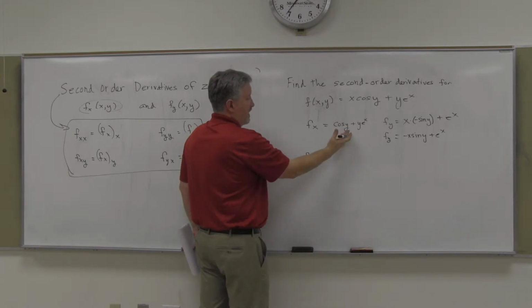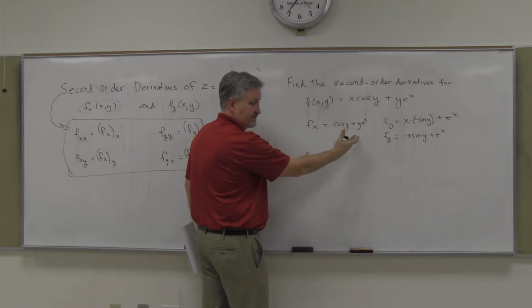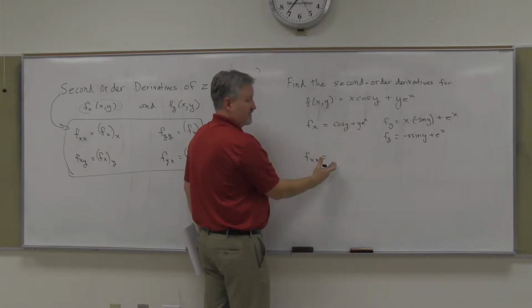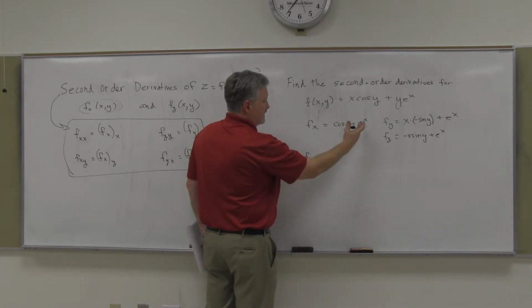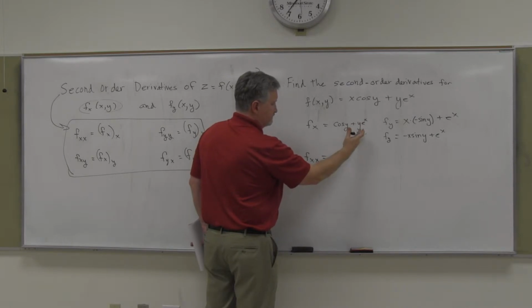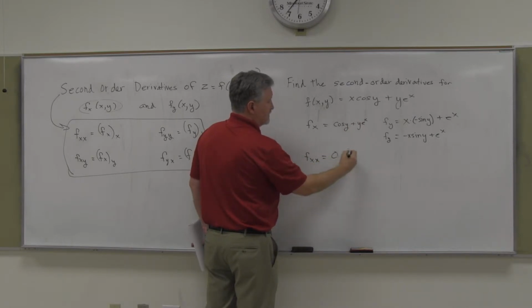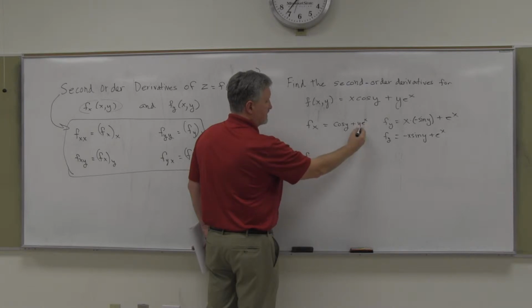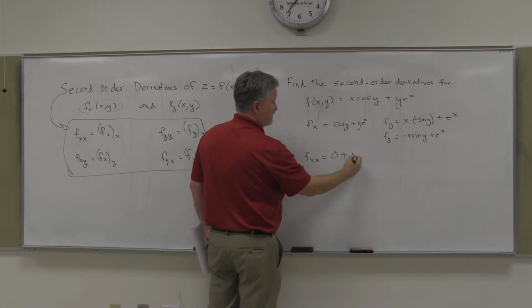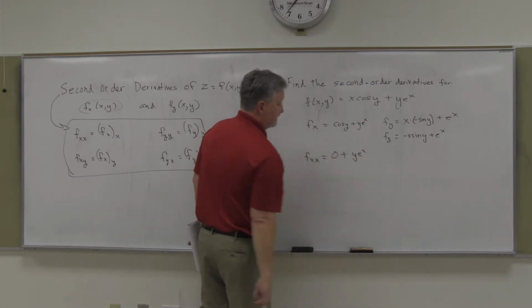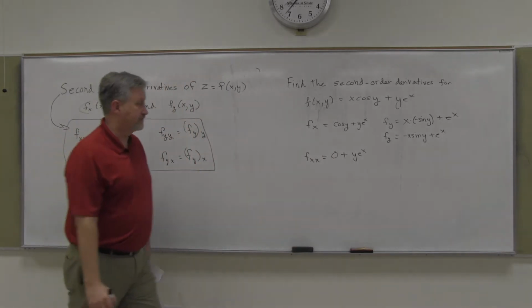Well, y is fixed, so the cosine y is a constant. The derivative of that is 0. On the other hand, this one is y times e to the x, so the y is fixed. We just have the derivative of e to the x, which is e to the x, so it's just y e to the x.